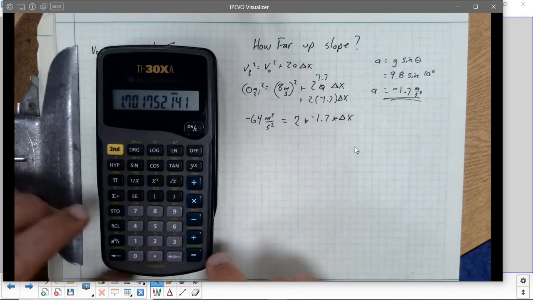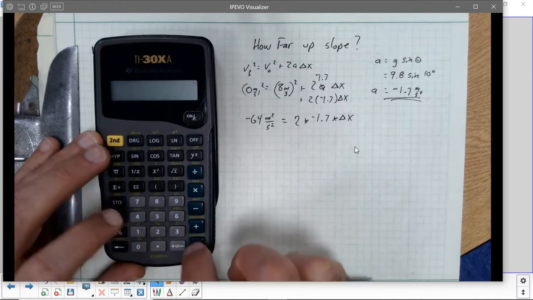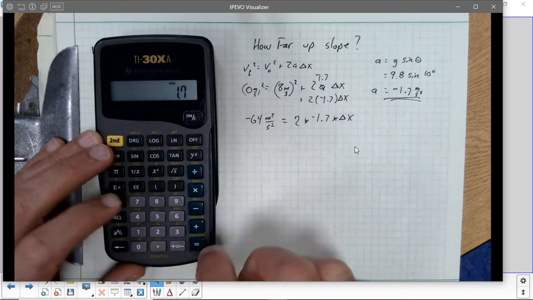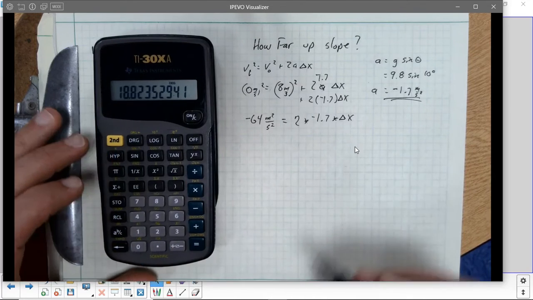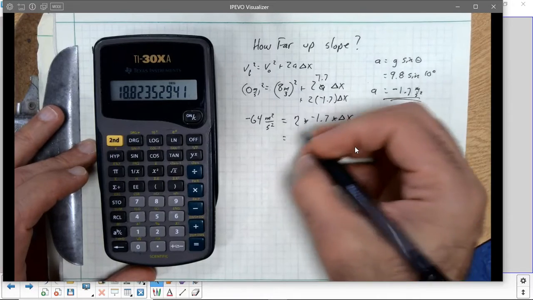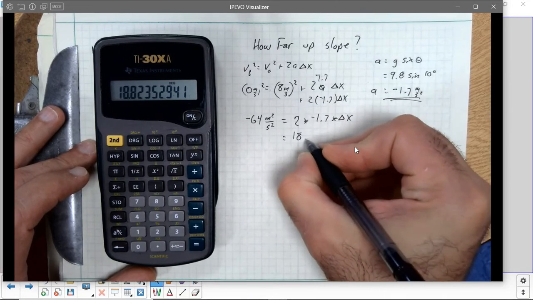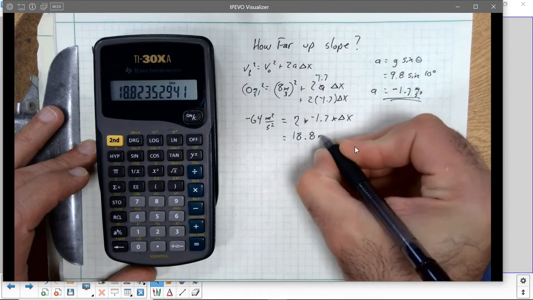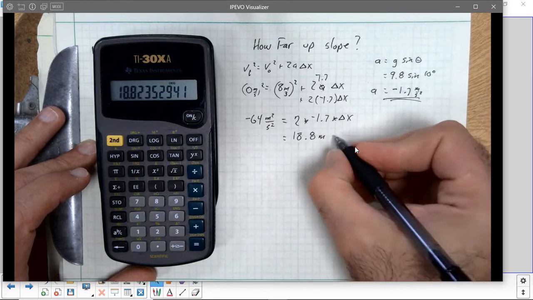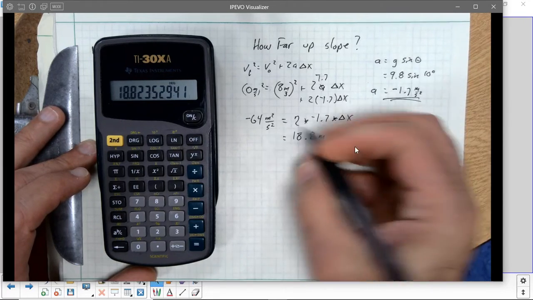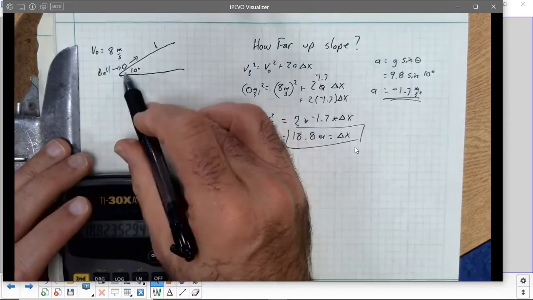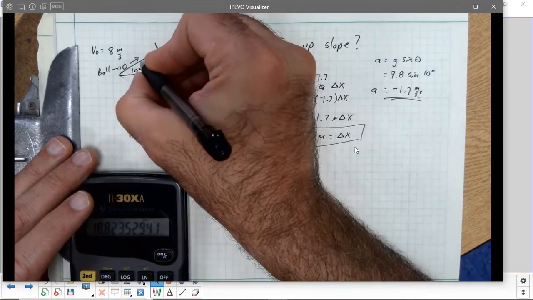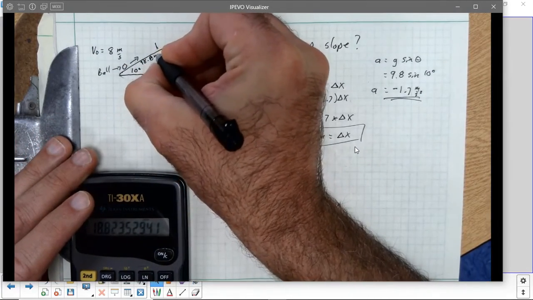So we'll resolve all this. Negative 64 divided by 2 equals, divided by 1.7, change sign, equals 18.8 meters equals delta X. That's the distance up the slope. So this turns out to be 18.8 meters.